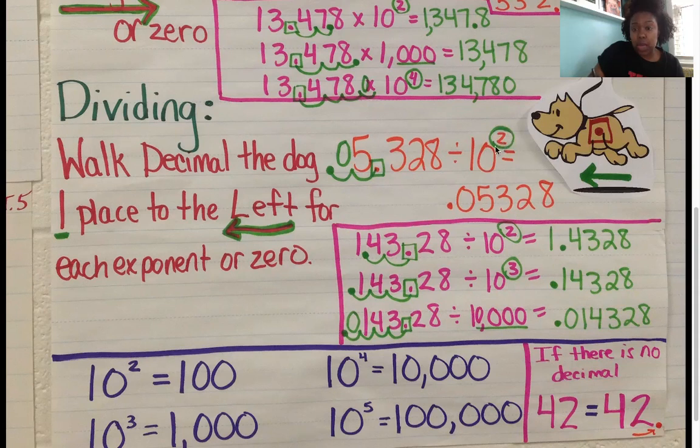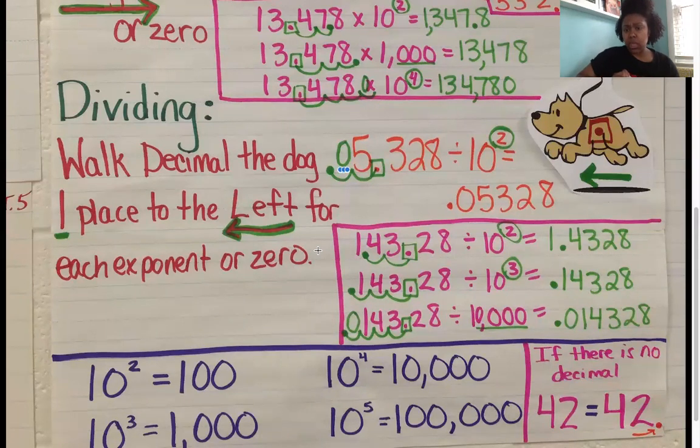So the 2 in the exponent told us to move the decimal to the left 2 times. So we're making these numbers smaller when we divide by a power of 10. That's greater than 1. So you're going to jump the 5, and then you have to jump another space. Uh-oh, there wasn't anything there, but we know when you have an empty space, you have to fill it with a 0, right?